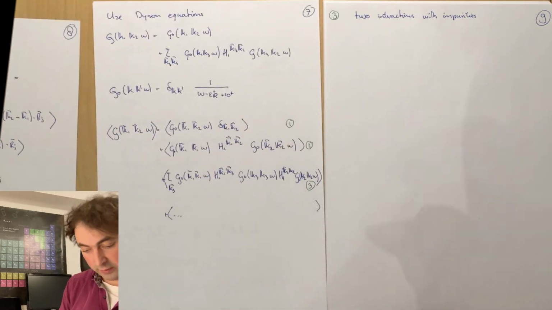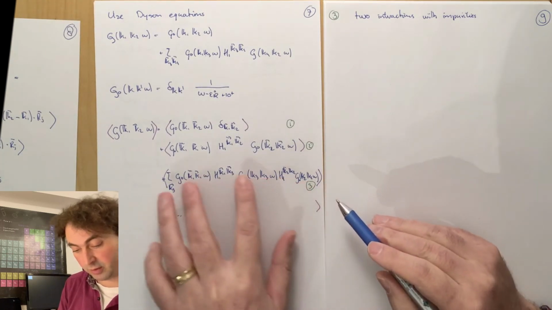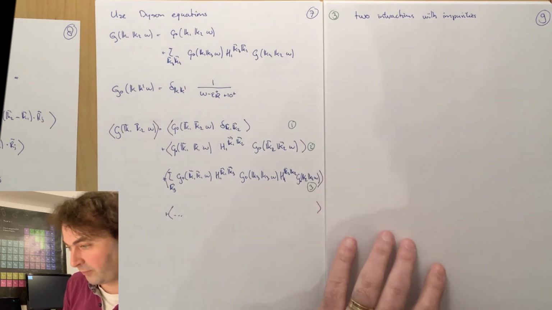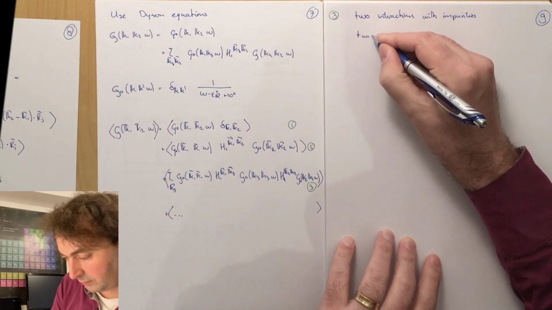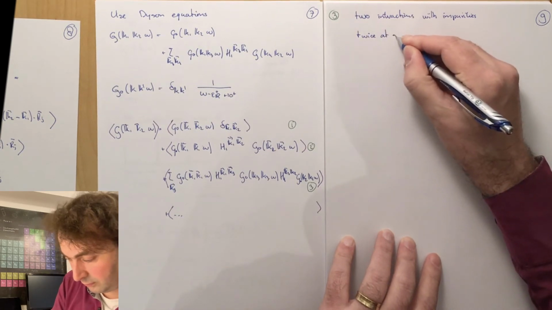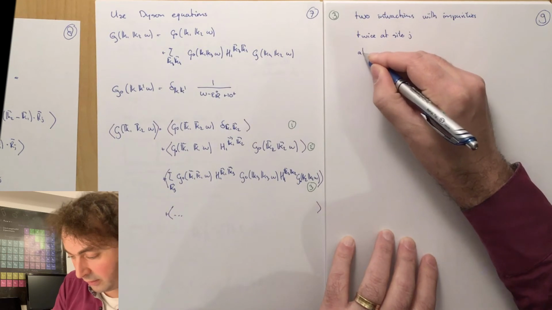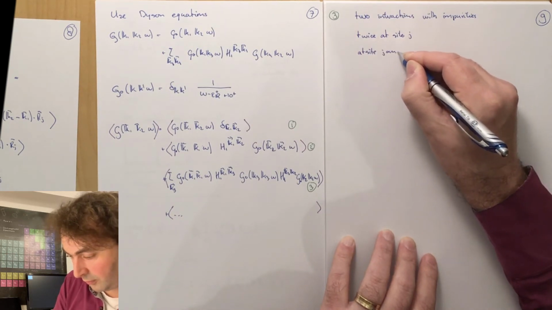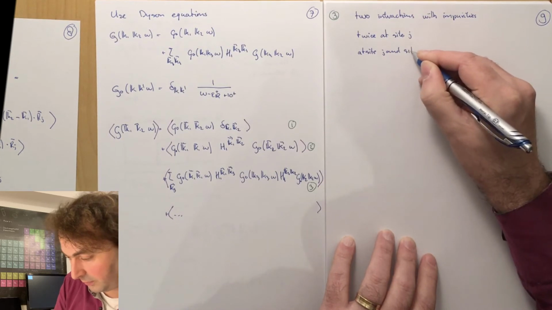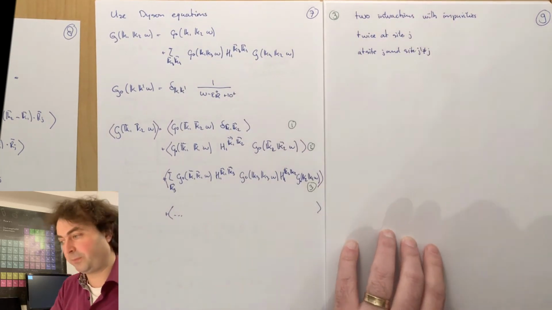So in terms of our expansion, we look at this case where we have two interactions and three propagators. We can either scatter twice at the same site, or we can scatter at site j and site j prime, which is not equal to j.